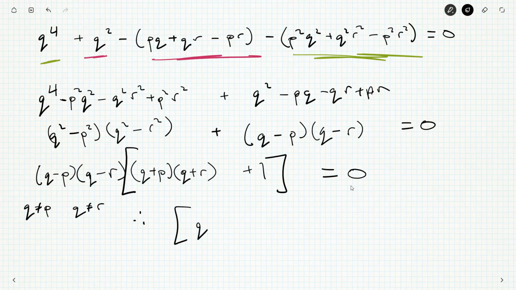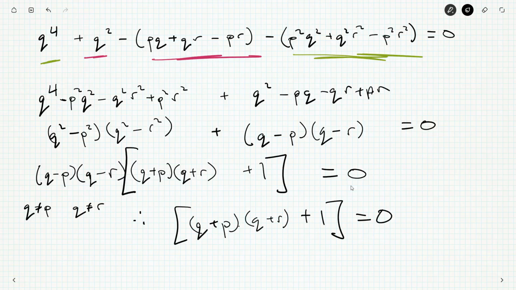So therefore, q plus p times q plus r plus 1 is equal to 0. And I think we're right back to the original relationship, that the product of these two is equal to -1. Not satisfying, but yeah, there it is.